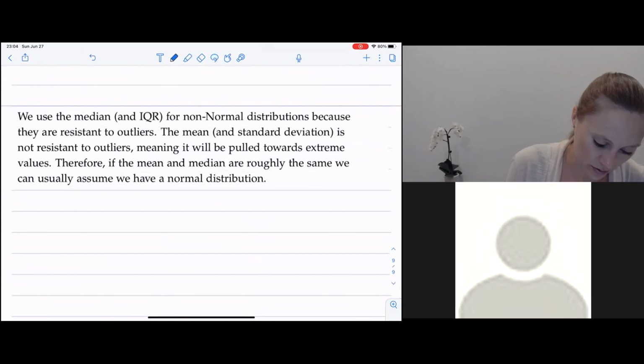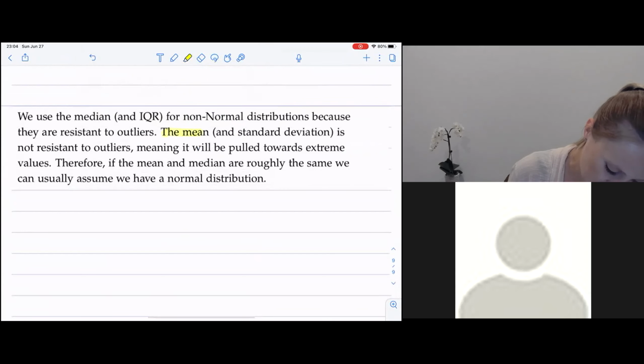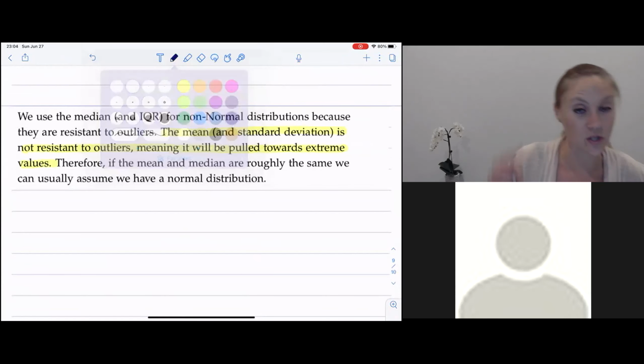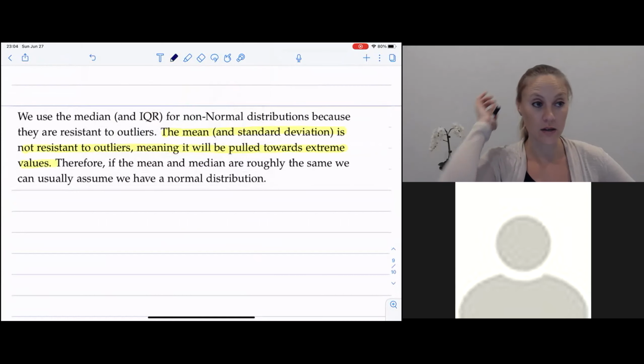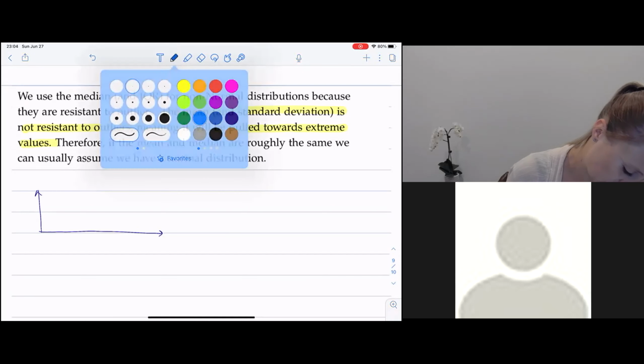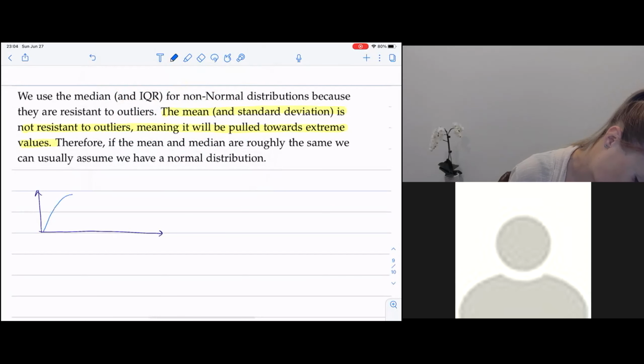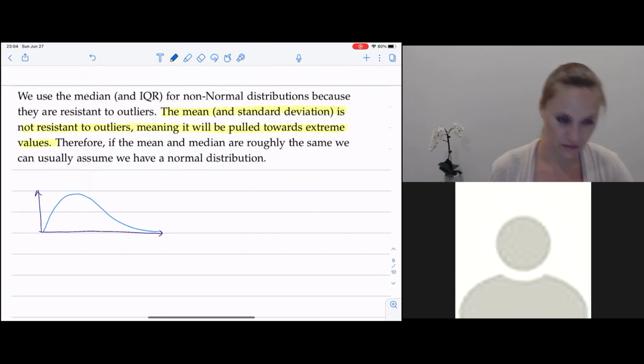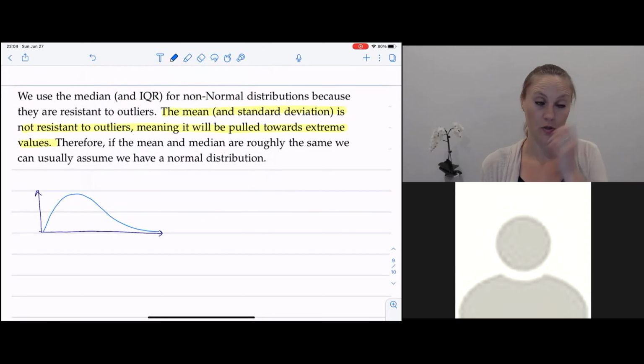So the mean is not resistant to outliers, meaning it will be pulled towards extreme values, which means in the direction of the tail. So you might have a distribution like this. Maybe it's like this. Okay. Skewed towards the right.